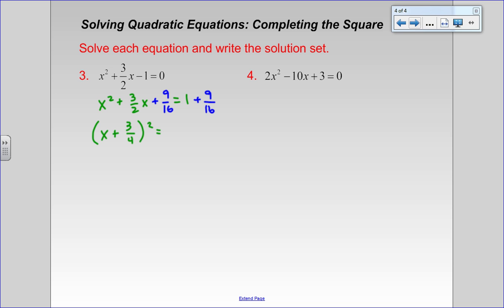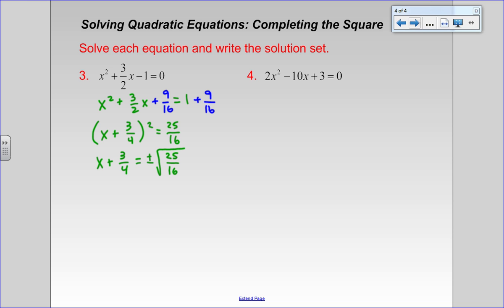On the right-hand side, in order to add the fractions, we can write 1 as 16 over 16, and then add 9/16 to obtain 25 over 16. Now if we take the principle of square roots, we will have x plus 3/4 equals plus or minus the square root of 25 over 16.